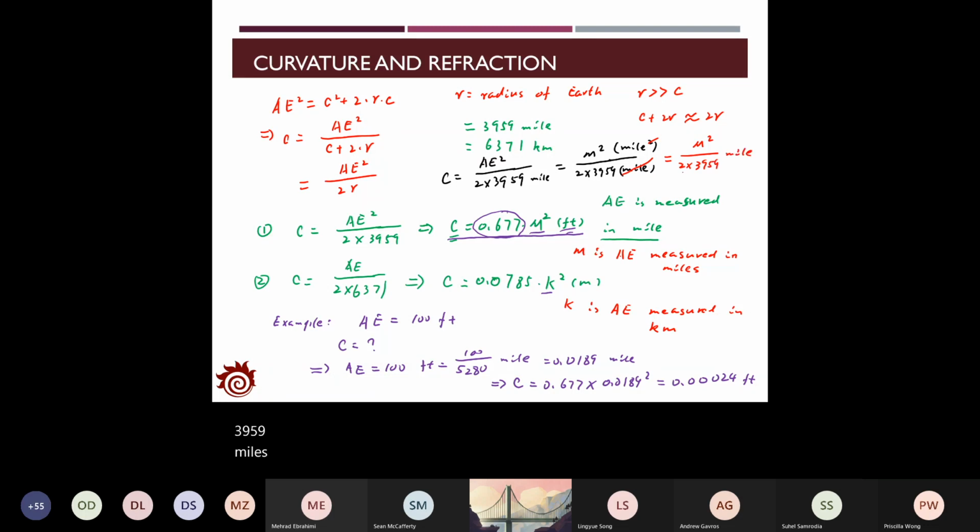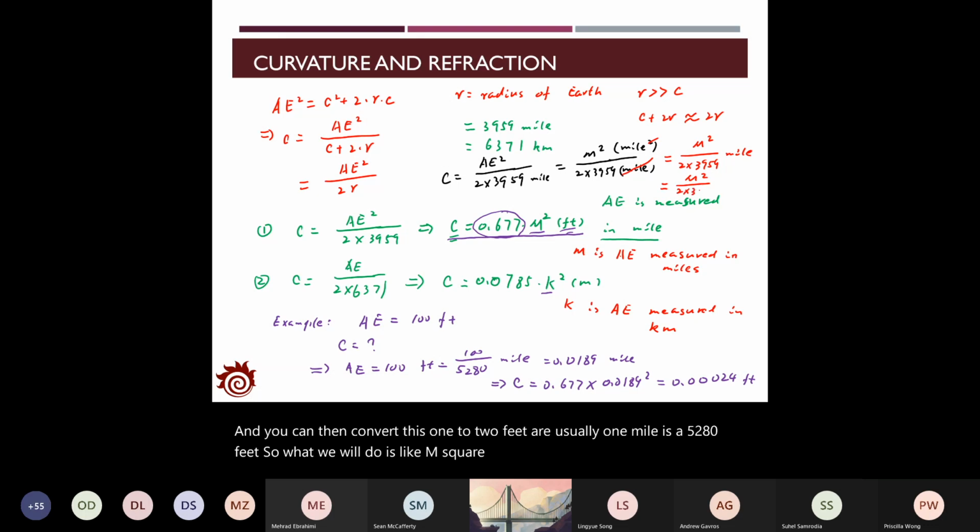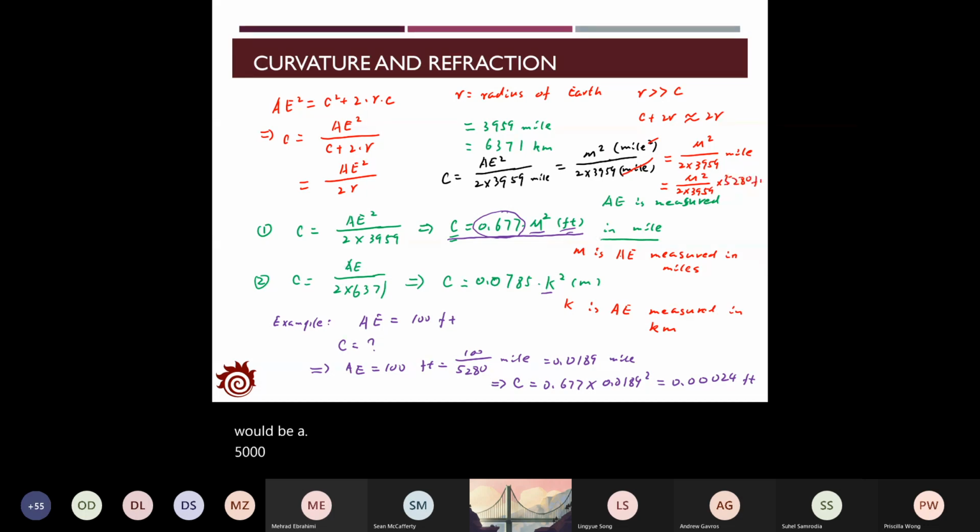You can then convert this to feet. Usually 1 mile is 5,280 feet. So you will do M squared divided by 2 times 3959, times 5,280 feet.